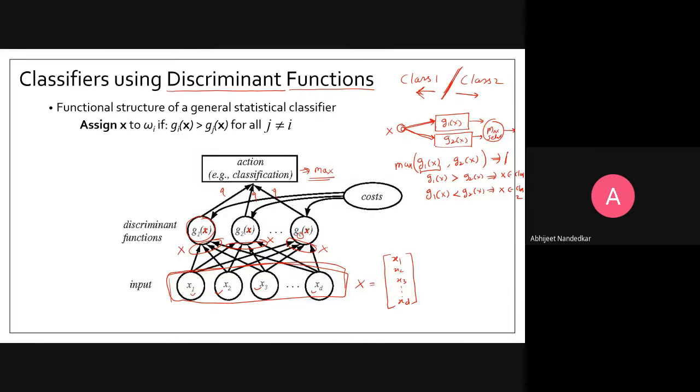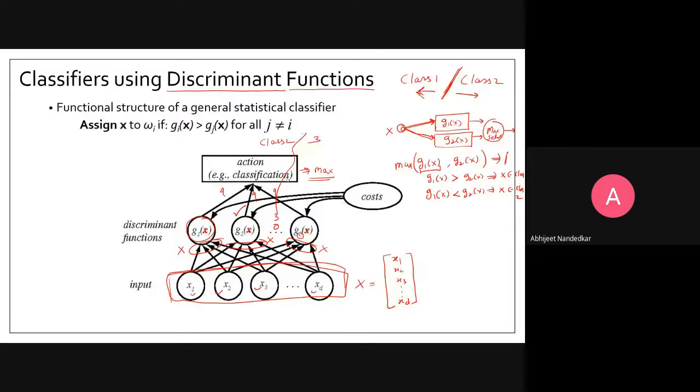Then you declare that particular node number as your output. If node 2 is the winner, then the output is class 2. If node 3 is the winner, then you will declare class 3. Like that we can discriminate different classes.